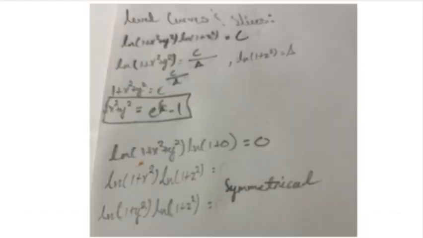So finding the level curves and the slices, I set the function equal to some arbitrary value c, and then I set the z term to another arbitrary value I called a, and I solved for the function by dividing by a, so we get c over a, and then solve for x squared plus y squared. And this gives the level curve.